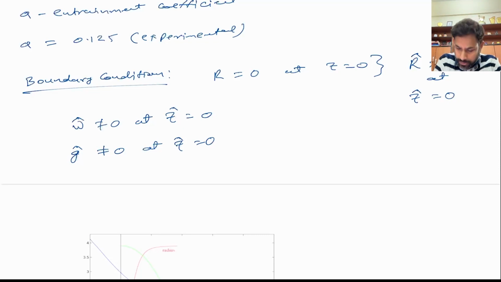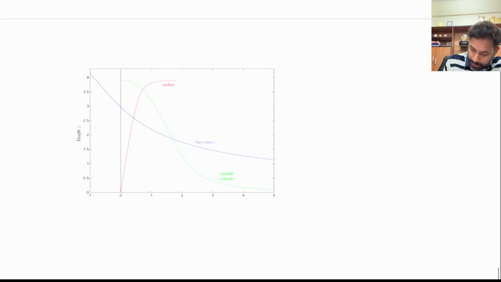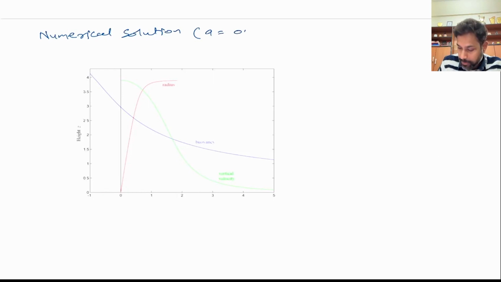And that's why we use a trial and error method to find its solution, and we solve this problem numerically to derive a solution. Okay, and this solution that you see here is a numerical solution that is derived using the given boundary condition and trial and error method, where A is assumed to be 0.125.